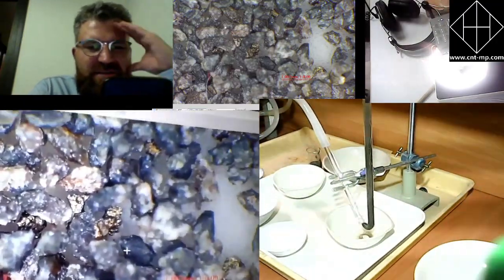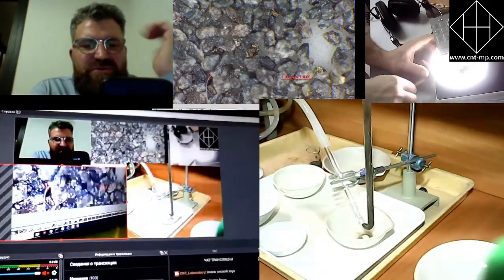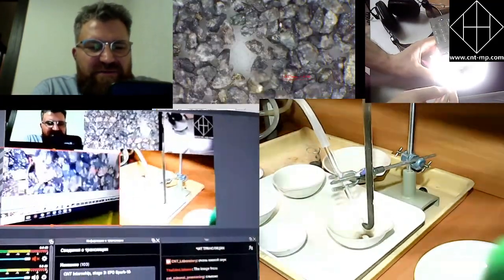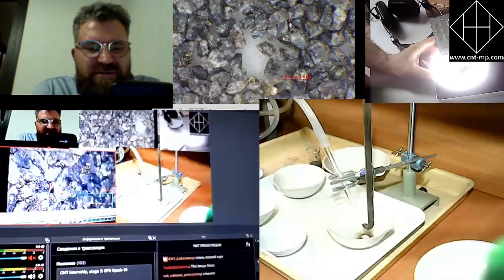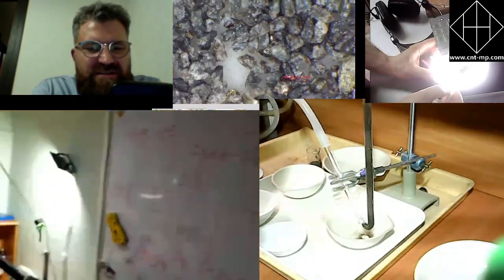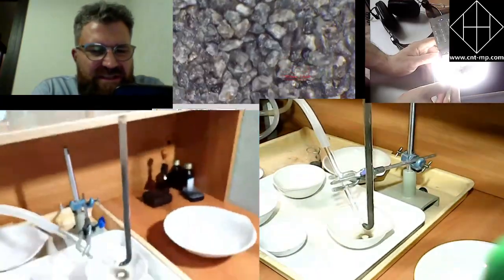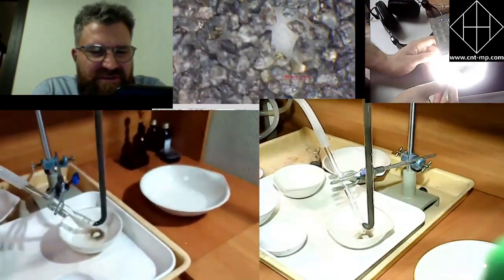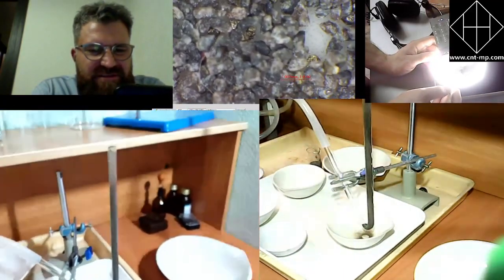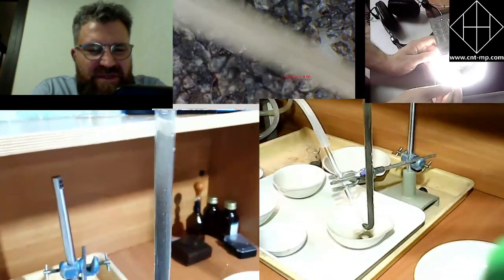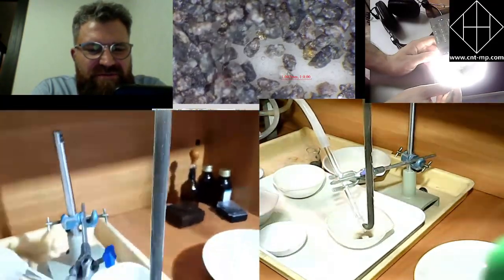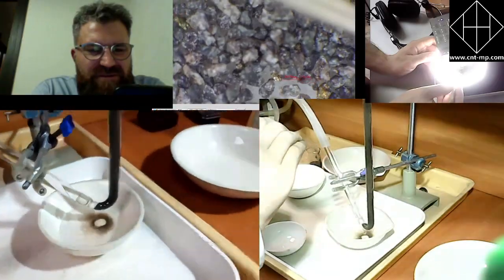Unfortunately, it's not easy to show separate grains that way because of the quality of the image on Twitch. But you can see different colors for sure. So these grains have different colors. That means that these are different grains, separate minerals.